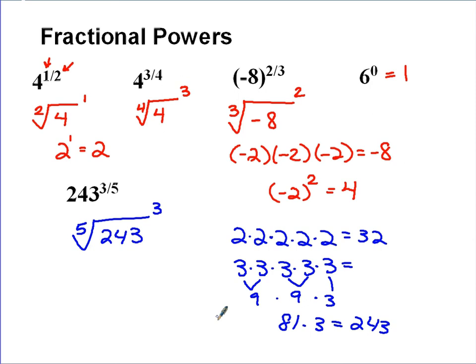So you kind of do it like that by trial and error to figure out what that answer would be. So this part right here, the 5th root of 243 is 3. And that has to then be raised to the 3rd power. And 3 to the 3rd power is 3 times 3 times 3, or 27. And there's some problems on fractional powers.